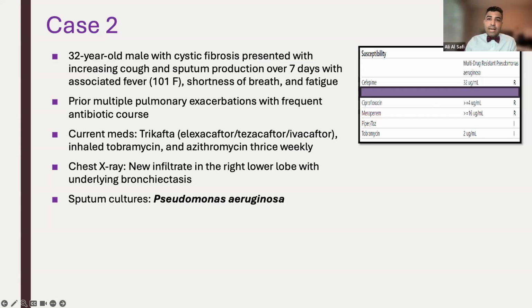So we asked for additional susceptibilities for that case. I asked for 3 more antibiotics, and luckily one of them worked, called ceftolozane tazobactam, or the brand name Zerbaxa. The patient was treated with Zerbaxa and did well.